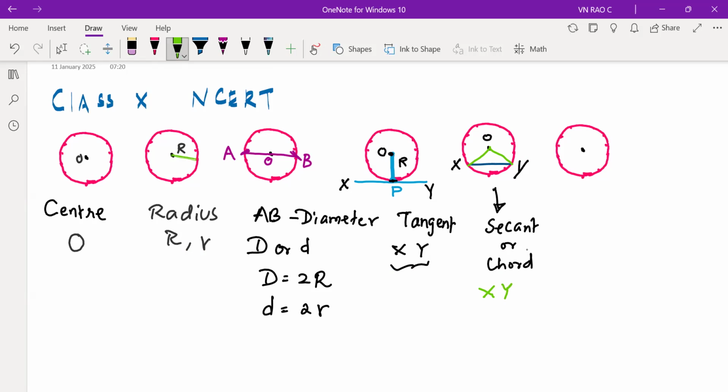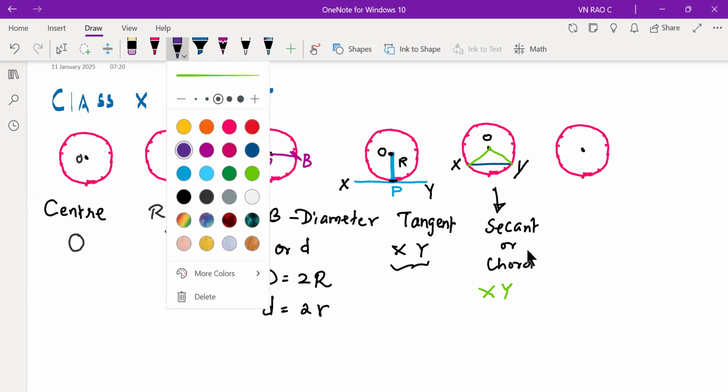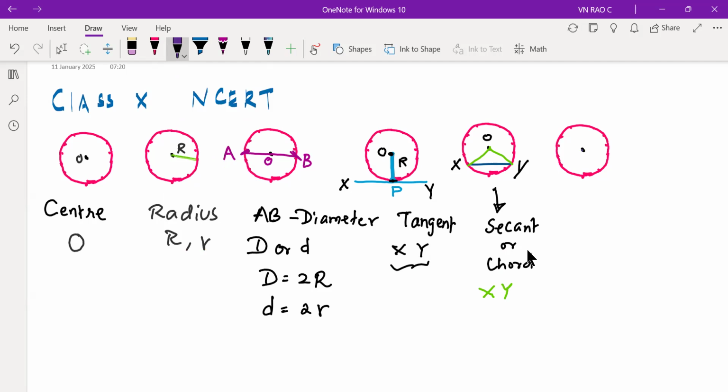Now, coming to the next circle, the chord is there. Now I take a point somewhere, and it should be a straight line.